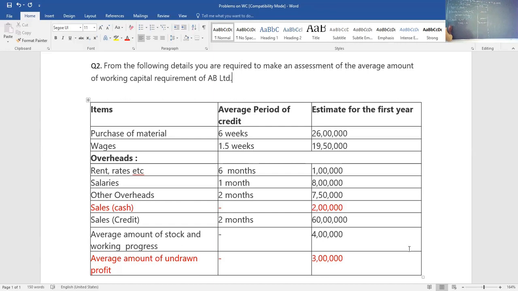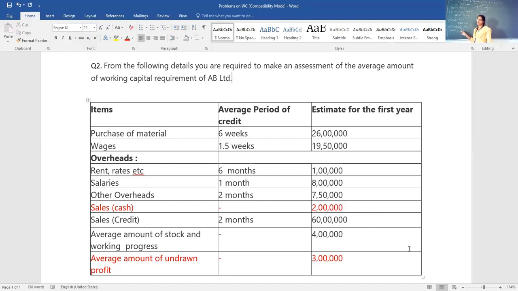Okay. After total current assets, we will start deducting our current liability. Under current liability, what all do we have? First one we have is purchase of materials, where we will calculate sundry creditors. Can anyone tell me how would you calculate sundry creditors?